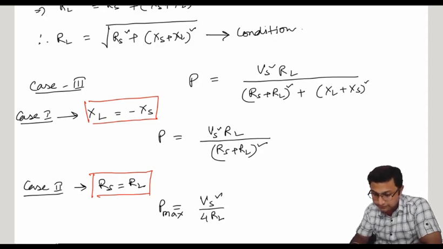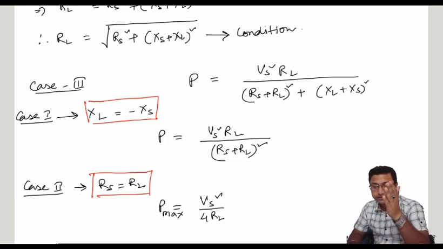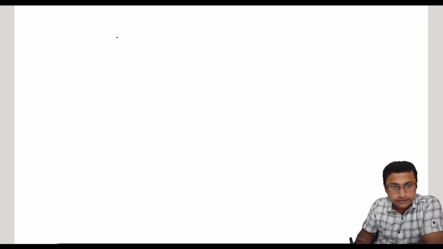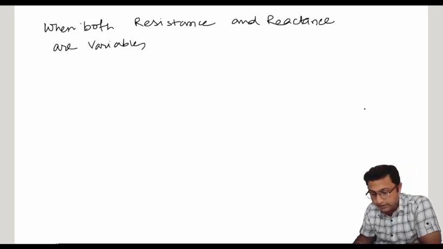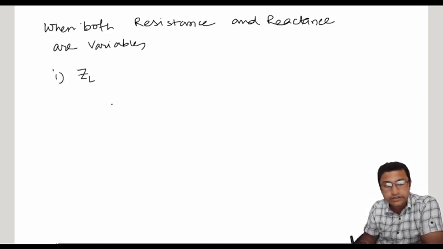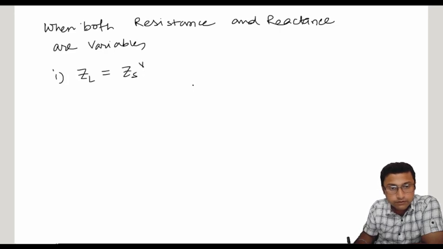So that means it is said that if the load is such that both resistance and reactance are variable, maximum power would be delivered when the condition is ZL, that means load impedance, is equal to the complex conjugate of source impedance.